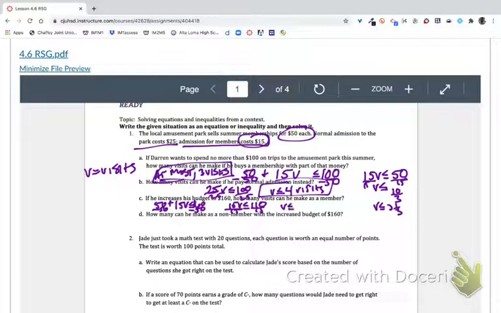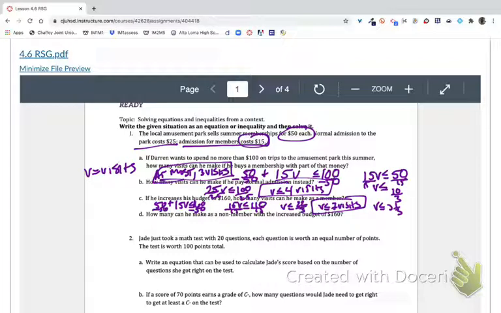So v would be less than or equal to 22/3, or 7 1/3. So he would have v less than or equal to 7 visits.